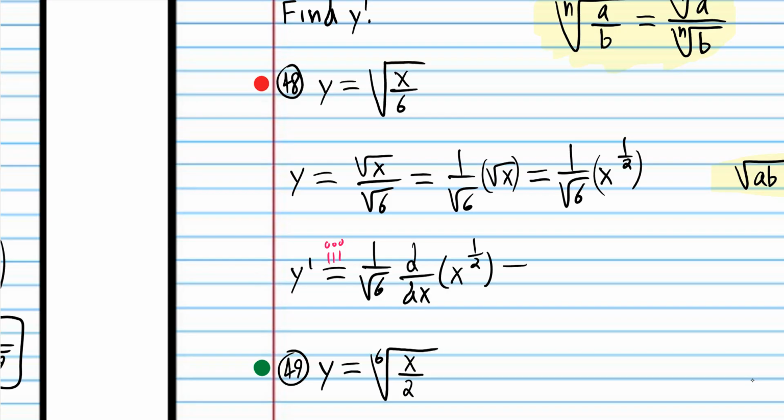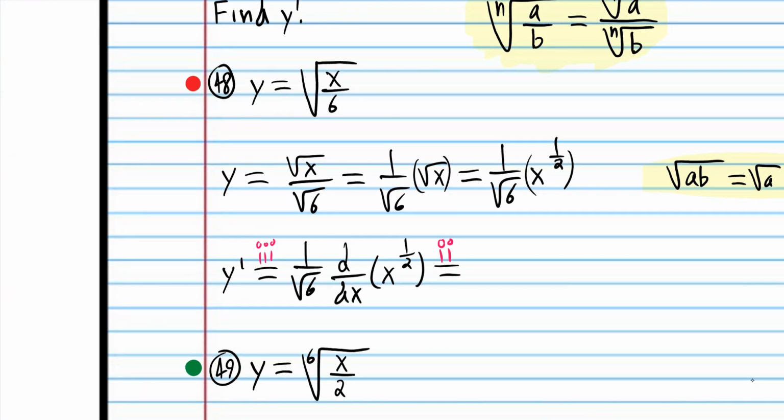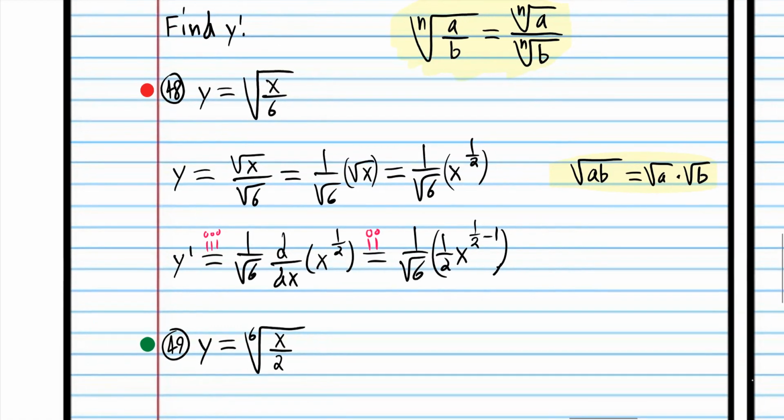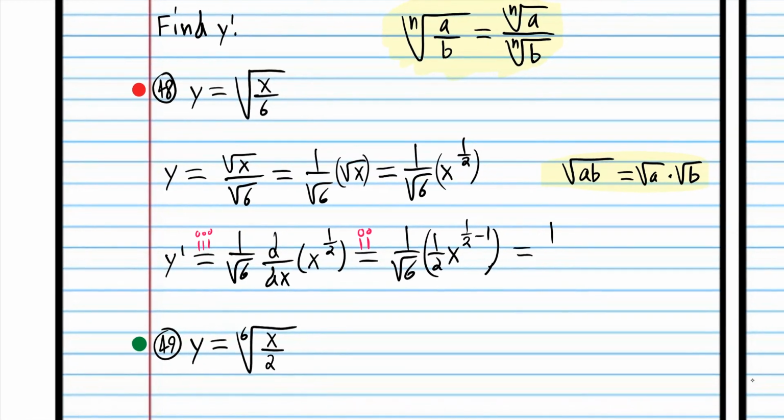Then of course we're going to use the power rule, differentiation formula number 2, and we get 1 over root 6 times 1/2 times x to the 1/2 minus 1, which is 1 over 2 root 6 times x to the negative 1/2.